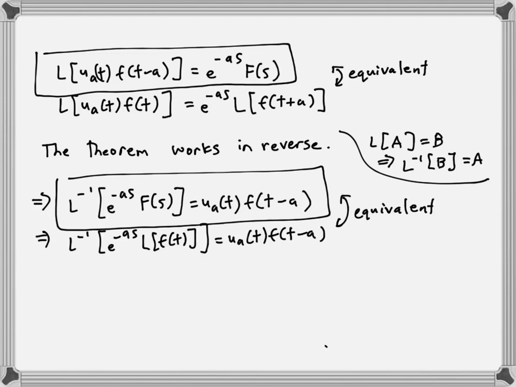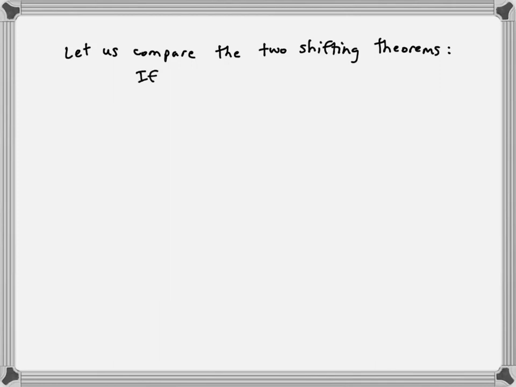So there's a reason why we call these the shifting theorems. Let me do this on the next page. Let's compare the two shifting theorems. I want you guys to see why we call these the shifting theorems. Remember, one of them was called the first shifting theorem, the other one's called the second one. Again, for shorthand notation, we are assuming that L of f of t is capital F of s.